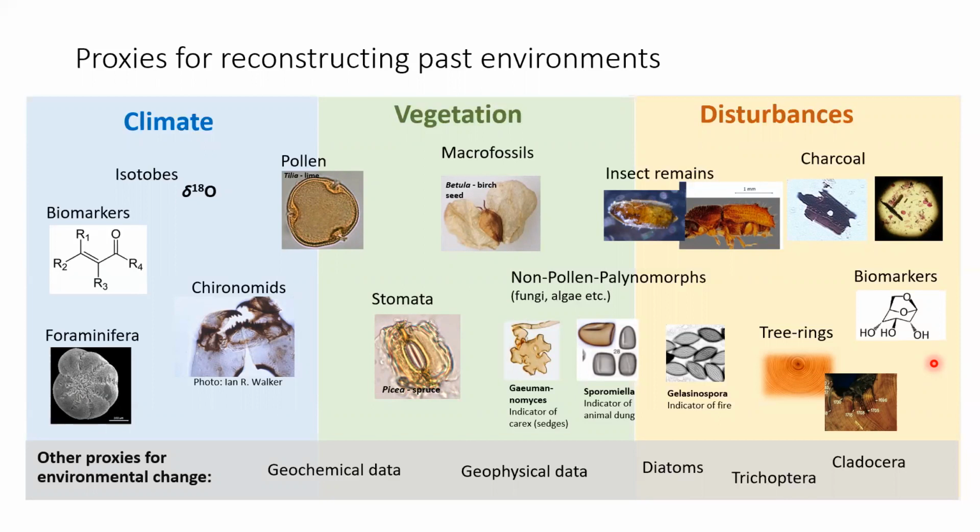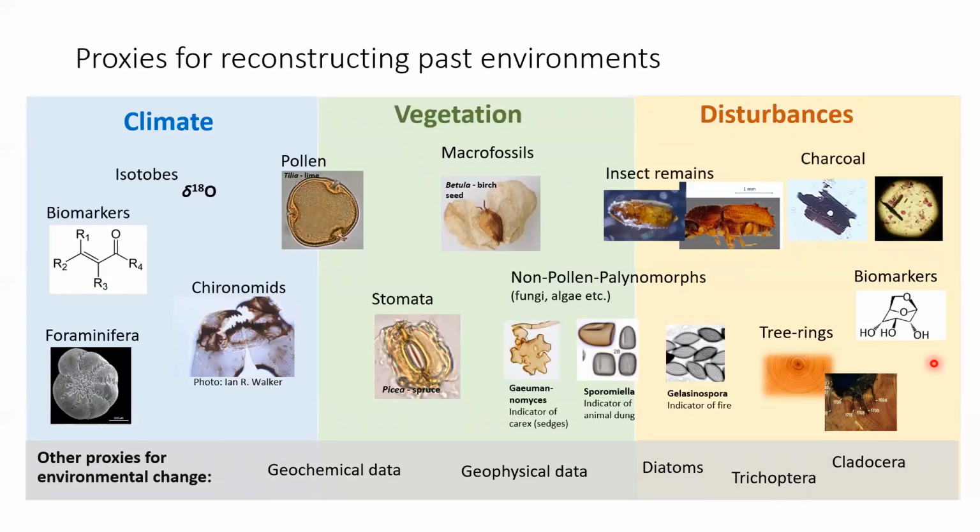But usually, for example, climate is reconstructed from isotopes or biomarkers or pollen, or then foraminifera or chironomids. So basically there are many ways to reconstruct climate, and they might give slightly different results, but if you use different kinds of reconstructions and you get similar results, then you can be quite sure that you are on the right track.